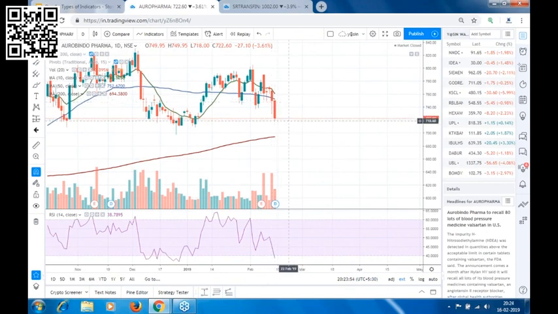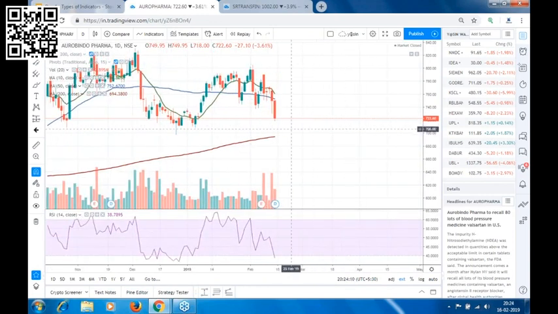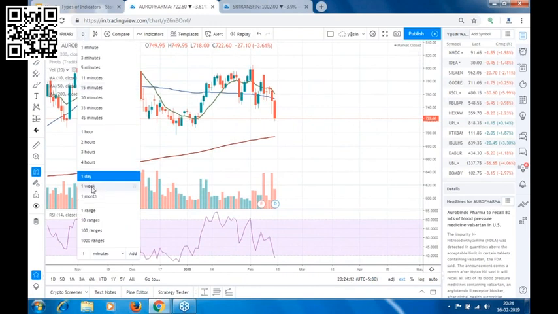So if it breaks the low of this candle, 718, then we can see a further fall in the stock. Let's check the weekly time frame.